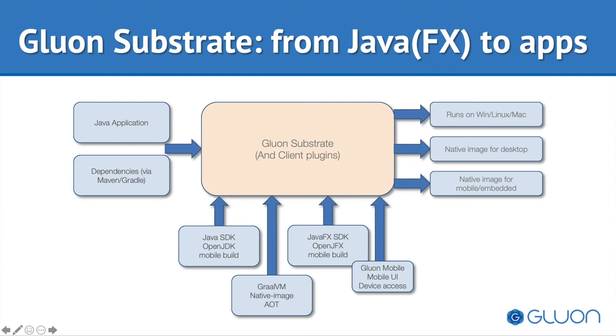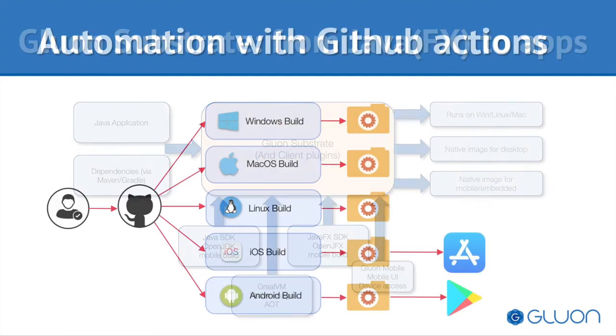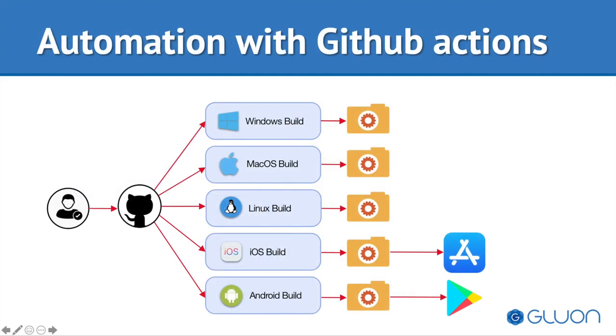So GlueOnSubstrate is converting your Java application, your JavaFX application, into native executables for desktop, mobile, or embedded, and it will pull in all the required dependencies. This is an open source project, and you typically invoke that with an IDE plugin, and you can also use GitHub Actions to then create native applications and upload them to, for example, the App Store or the Play Store.